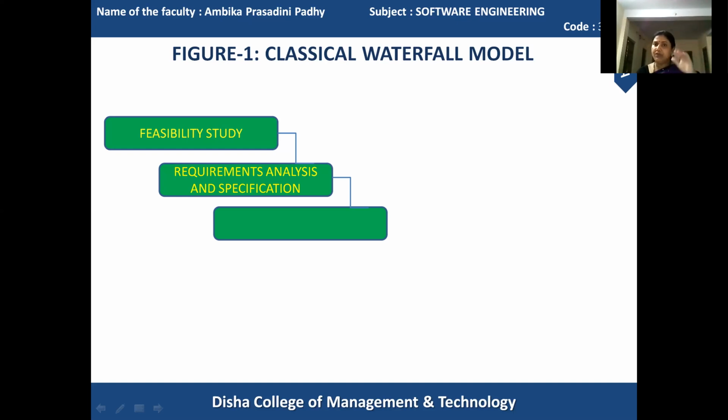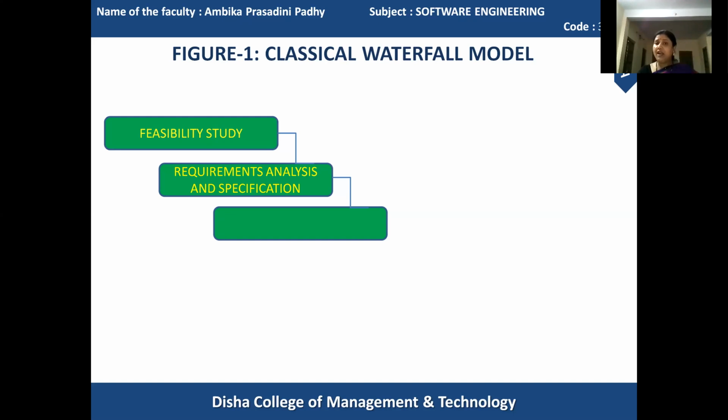In the feasibility study, we confirmed the software product is going to be developed, and in requirement analysis and specification, we will analyze the information we collected in a rough manner at the time of the feasibility study.